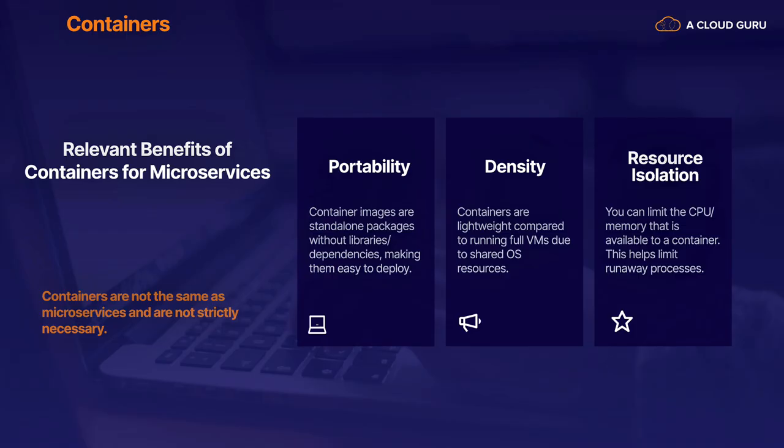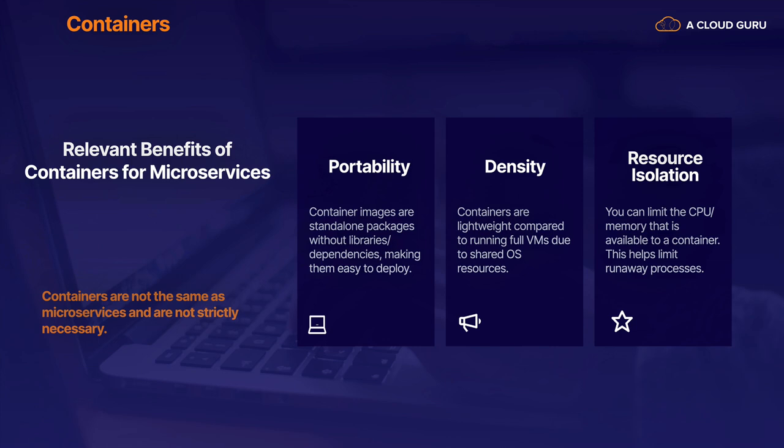So when looking at containers to run microservices, here are a few things you'll want to keep in mind. To start with, containers are not the same in and of themselves as microservices, and a container isn't necessarily required to run microservices. So Service Fabric does not absolutely demand that a container exist in order to do its job.